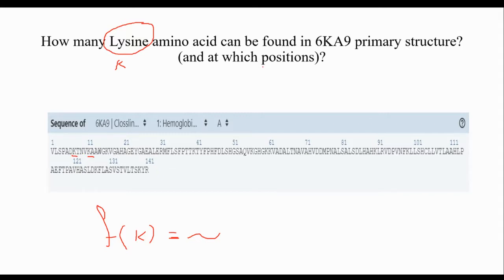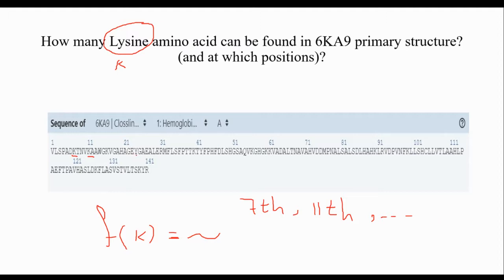And at which positions? So you can also mention at which positions you observe them. For example, for this one, 1, 2, 3, 4, 5, 6, 7. At the 7th position. Again, here I have 11th. And you write the rest of them.